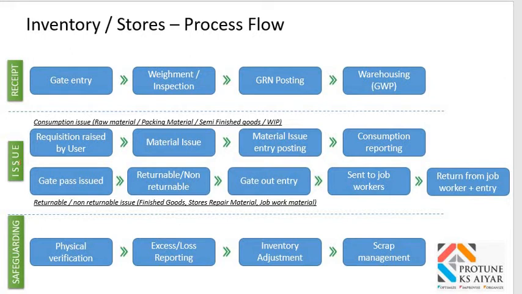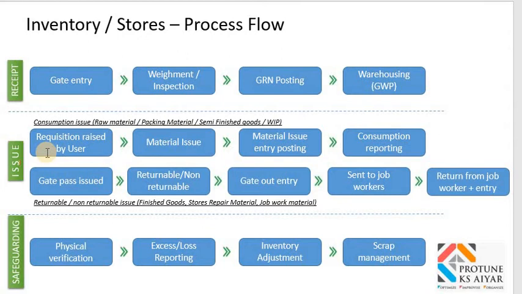So typically what would happen is whenever a new manufacturing run is taken, which means that my user department is going to prepare a batch tomorrow morning, there would be a requisition that would be raised by the user, which would tell the store's manager that the user department has asked for X amount of raw material.